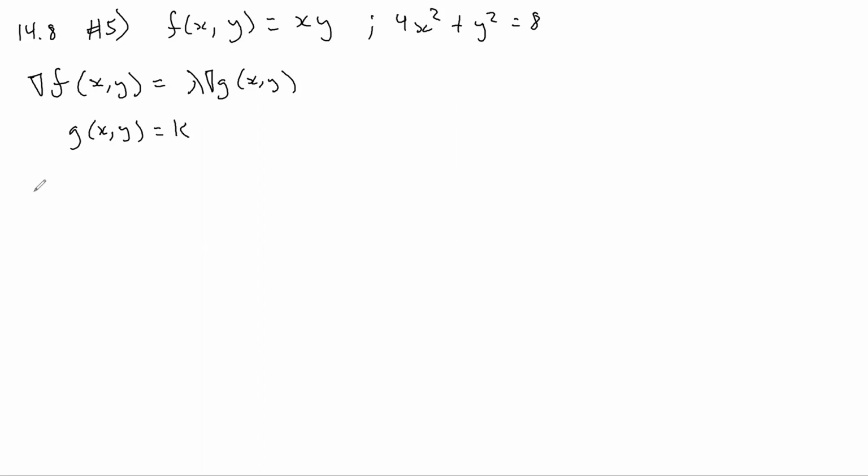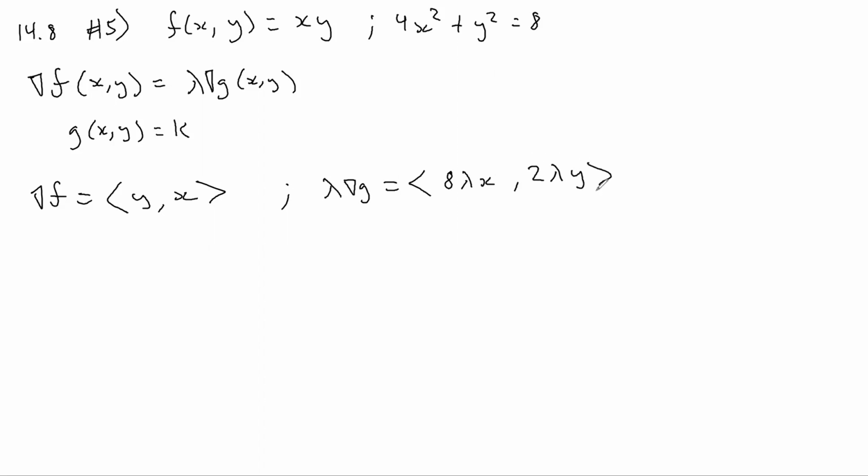So the gradient vector of f is going to be y comma x, and the gradient vector of g multiplied by lambda is going to be 8 lambda x comma 2 lambda y.